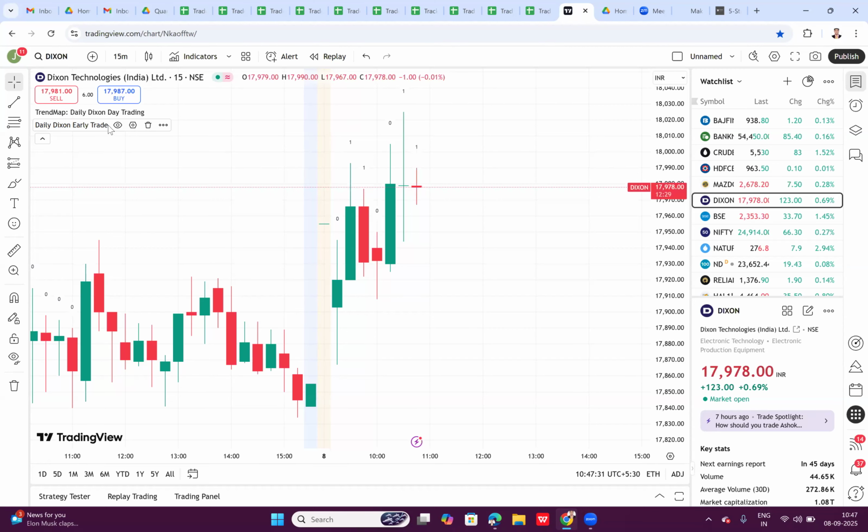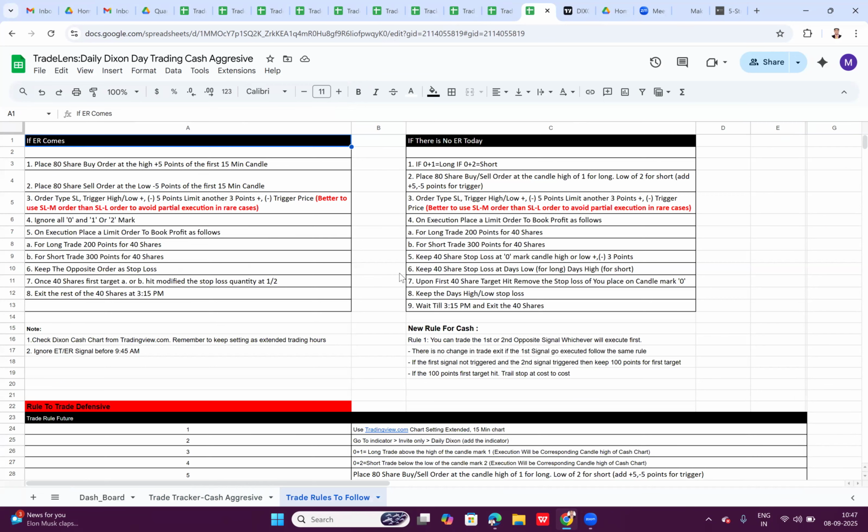As per the Dixon cash rule, we have to apply the second indicator also. Means if anyone wants to trade in Dixon cash, then we have to apply this early trade indicator also. And if the early trade indicator has no trade on any day, then we check the trade as per the Dixon day trade indicator.